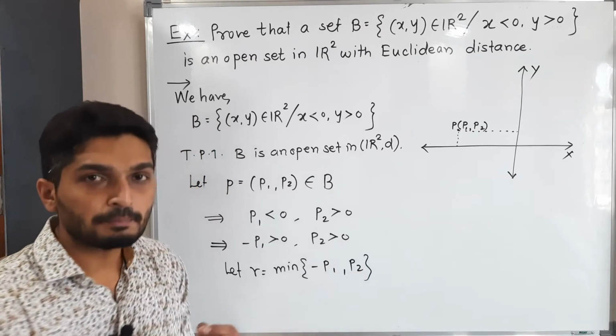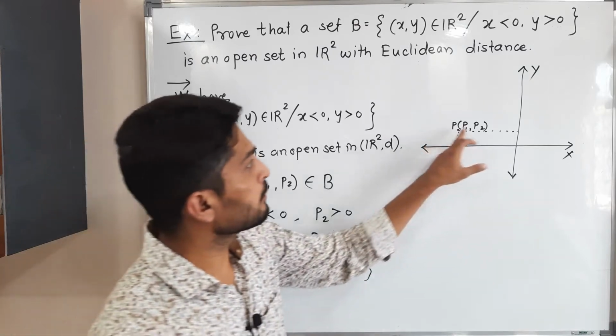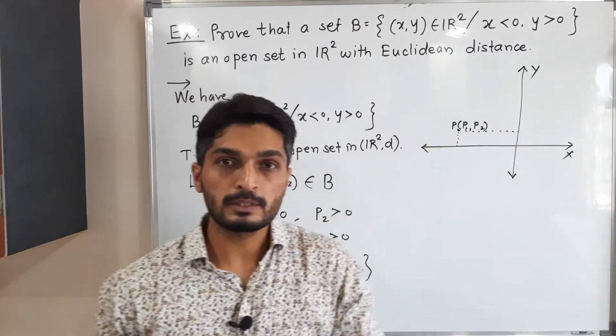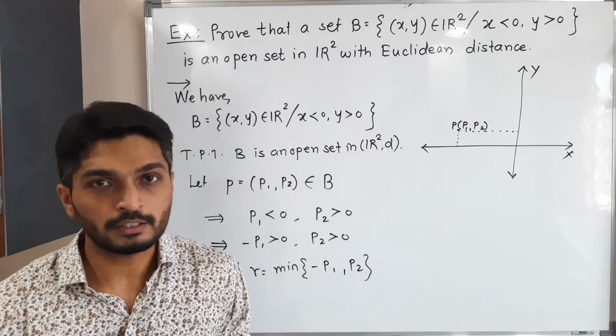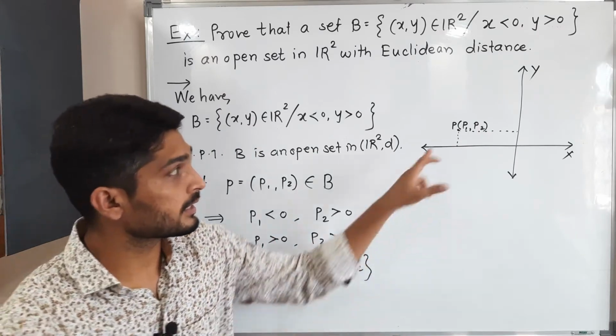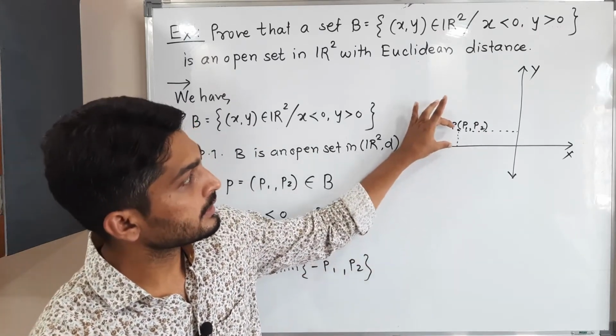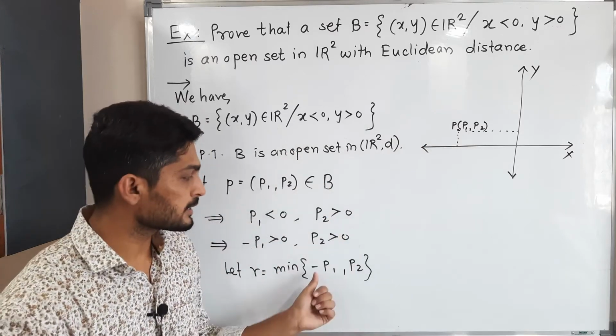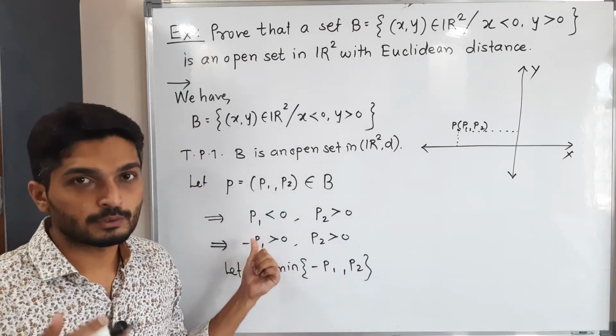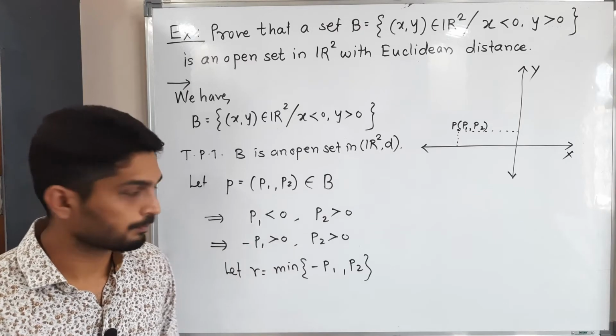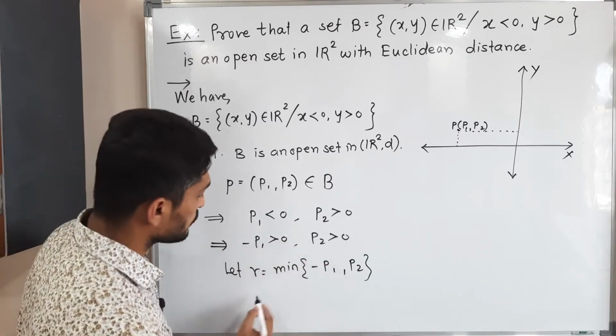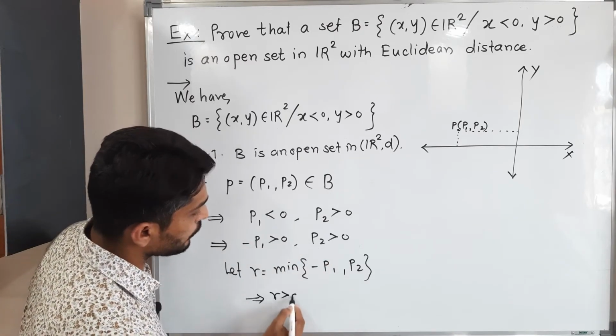If the point is here, P2 will be smaller and P1 will be larger, so it depends on the position of the point. But for this point, P1 is smaller. Since P1 is originally negative, minus P1 will be positive. Both of them are positive, so we can declare R is also positive.